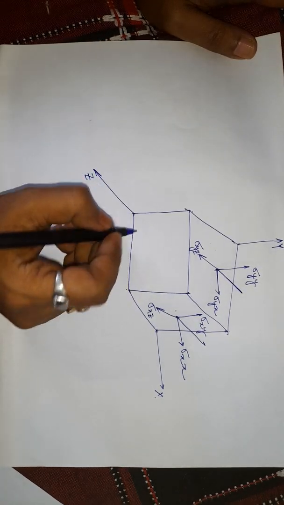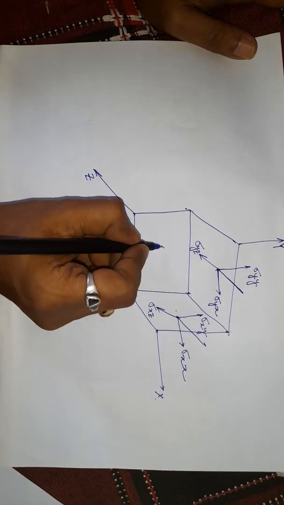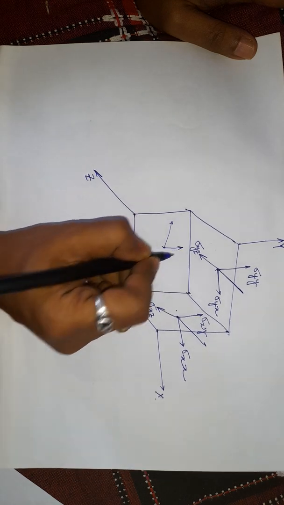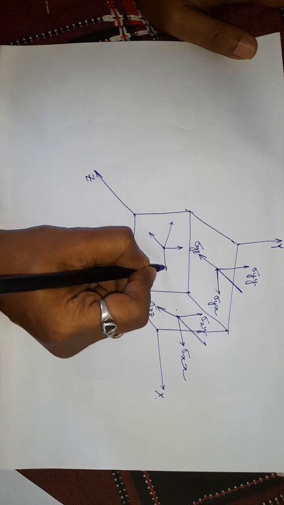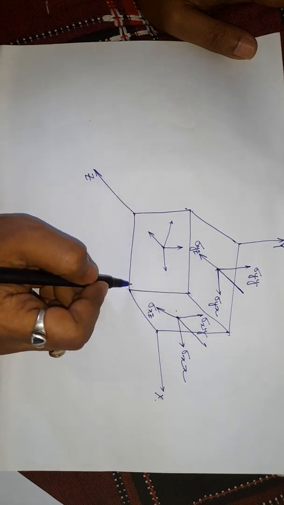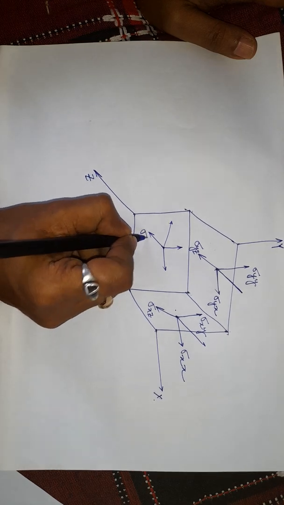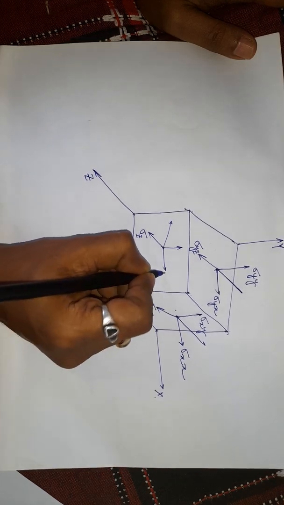Now you are taking this plane. Suppose this is your stress vector. It has three components. On this particular plane, if you draw a normal, that is along the z-axis, so the first suffix will be z.